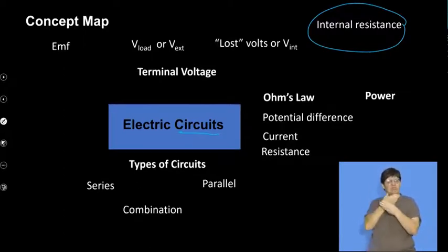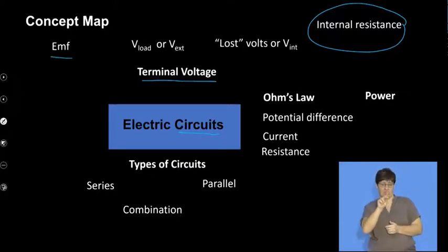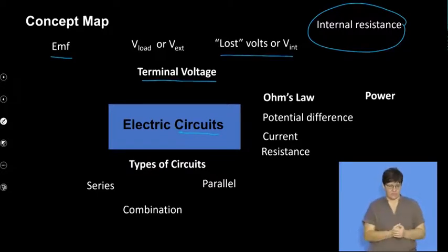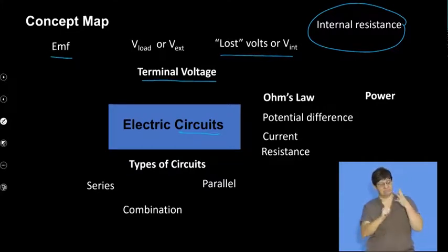That has a lot to do with terminal potential difference or terminal voltage. We can also think of it in terms of how the EMF of a battery is affected by the resistance, as well as another type of voltage, which is the lost volts, or the internal voltage inside a battery. These are some of the ideas that need to come to mind.